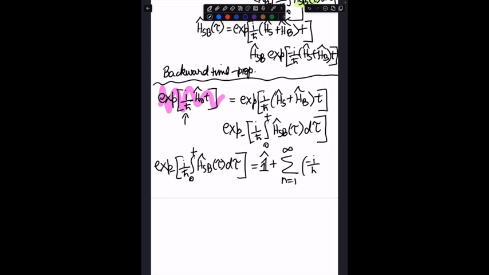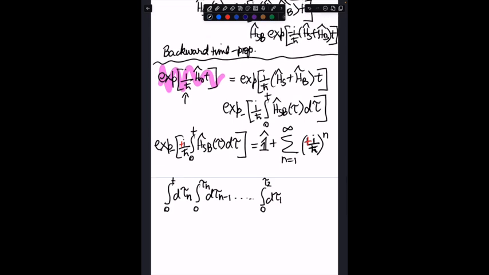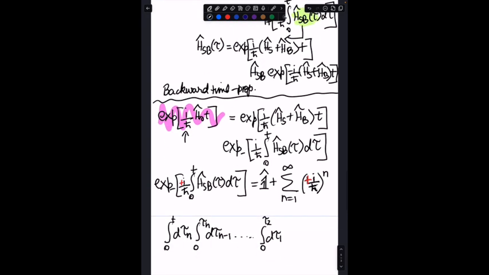You have plus i upon h bar to the power n, and then you have the n-fold integral 0 to t d tau n, 0 to tau n d tau n minus 1, so on and so forth, to 0 to tau 2 d tau 1. But in this case, the order of the operators is reversed.